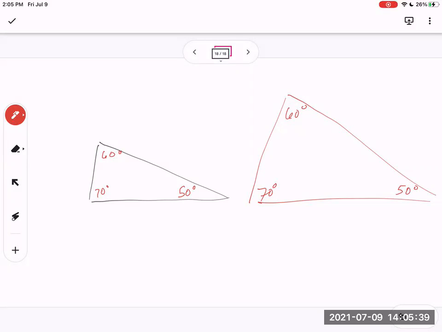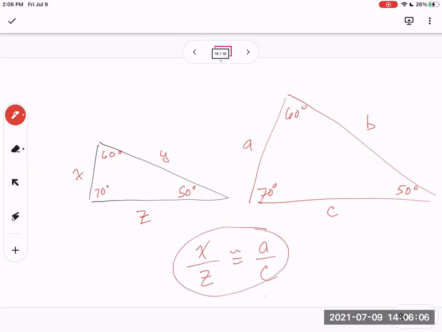Those aren't congruent, but if this is X and this is Y and this is Z, and this is A and this is B and this is C, what we do know is that X is to Z as A is to C. That ratio is equal to A divided by C. This is called a proportion.